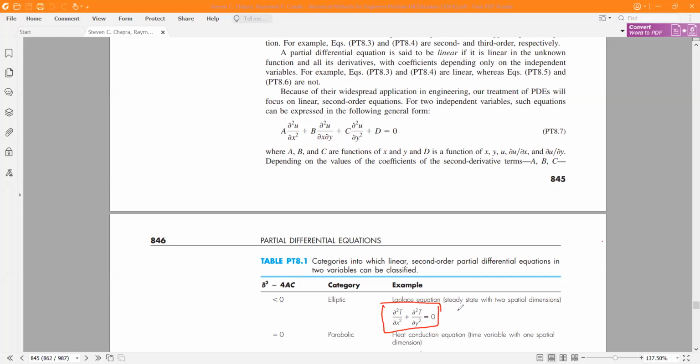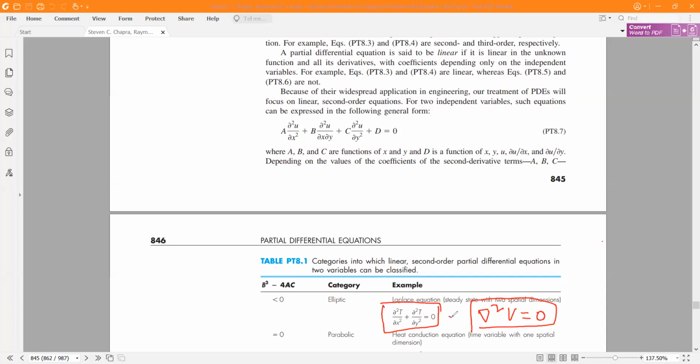Are you there? Yes, sir. That means you are perplexed about whether you have seen this or not. Okay, have you seen this equation? Yes, sir. Where? Laplacian operator.